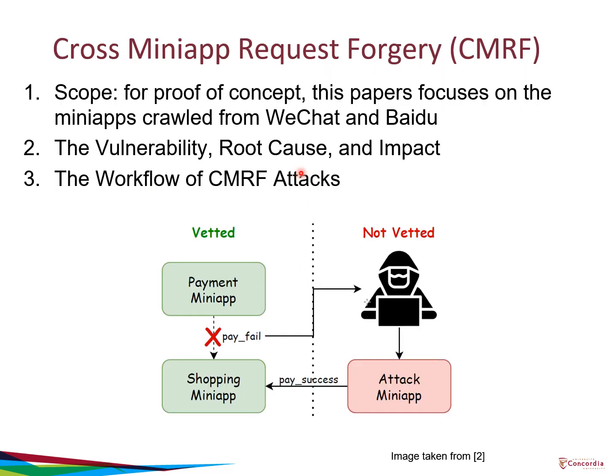After analyzing the cross-Miniapp communication, we are now going to study the main purpose of this paper, which is the analysis of the cross-Miniapp request forgery attack. In number 1, we have the scope of the project. For proof of concept, this paper focuses on Miniapps crawled from WeChat and Baidu, mainly for 2 reasons.